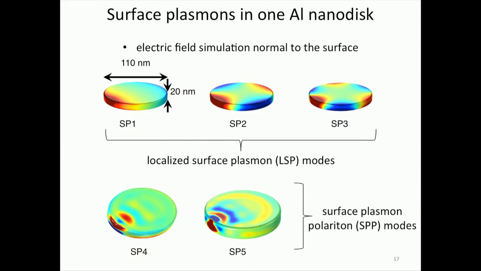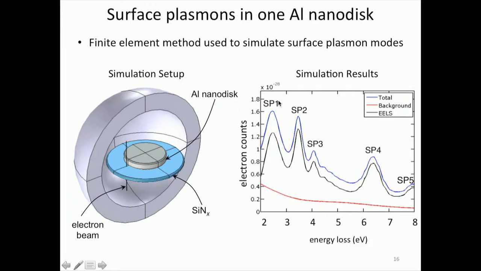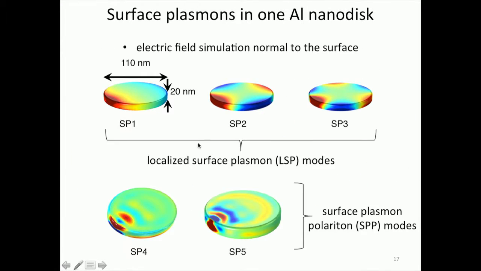So here, this SP1 peak that I showed before, let's come back a little bit. For the SP1 peak at around 2.5 eV, this peak has this charge distribution. This is a dipole. And then the SP2 peak is a quadrupole. The SP3 peak is a hexapole. So now we understand more.